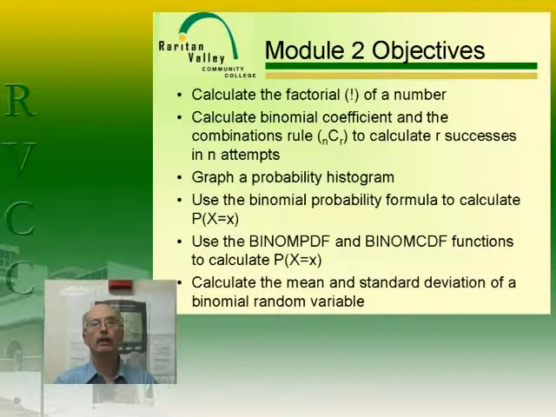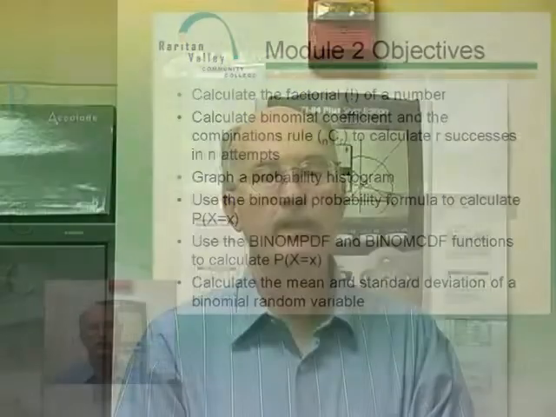And we did that with the list function. Then we looked specifically at the binomial PDF and binomial CDF functions, where we calculated values when we only had to calculate 1 or 2 specific values rather than the entire table. Finally, we calculated the mean and standard deviation of a binomial random variable. This ends Module 2.